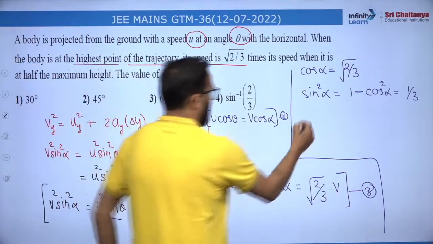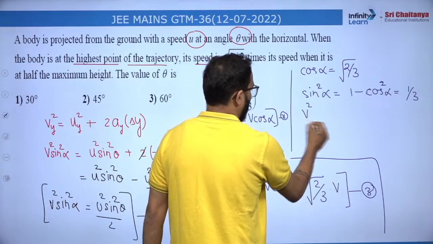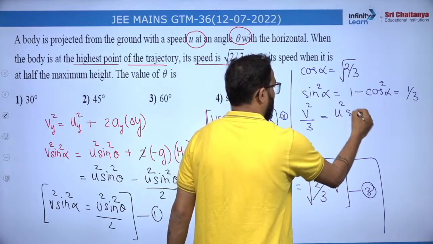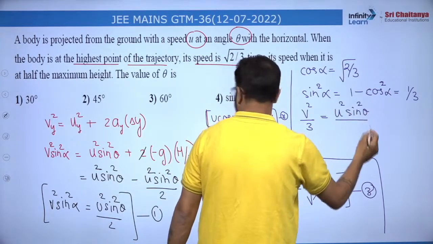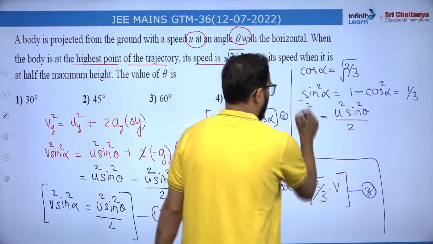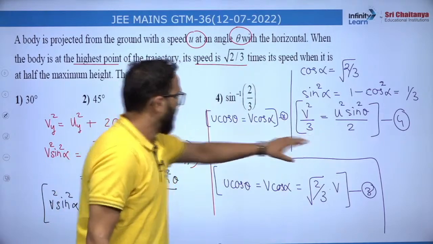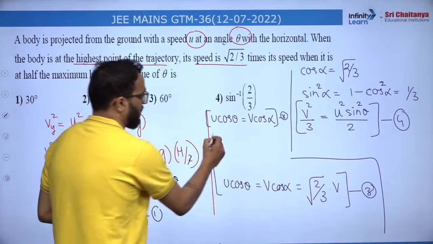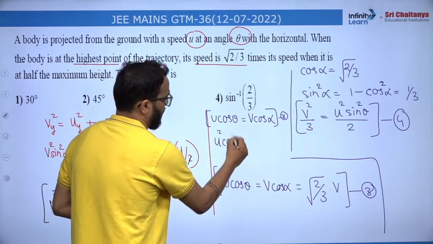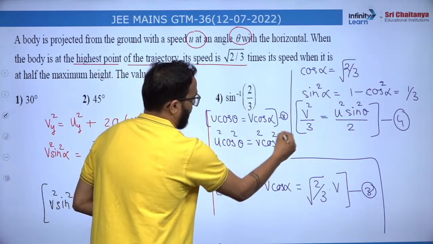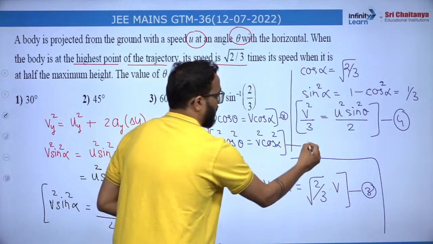So you can say V square by 3 is equal to u square sine square theta by 2. This is your equation number 4. You have known this equation also: u square cos square theta is equal to V square cos square alpha. Understood? This is equation number 5.